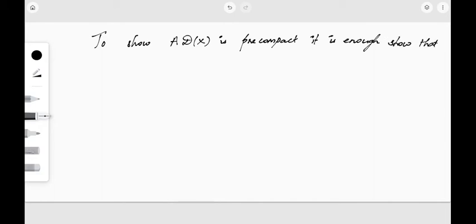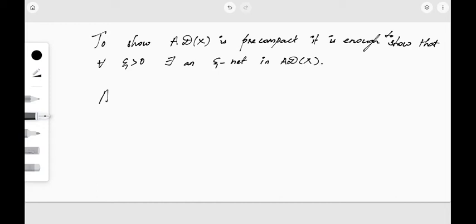Enough to show that for every epsilon greater than 0 there exists an epsilon net in A d of x. This was the lemma that we did in the previous lecture. Okay, so let's see, we just have to prove this.